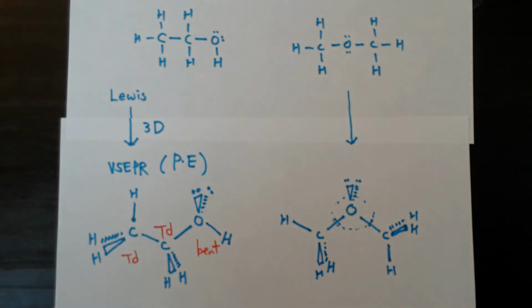That's your VSEPR. So when you compare the information in the Lewis and the VSEPR structure, they both show number of types of atoms, and you can also see the types of bonds. In this case, you have only single bonds, but you can have double bonds and triple bonds shown in both drawings.